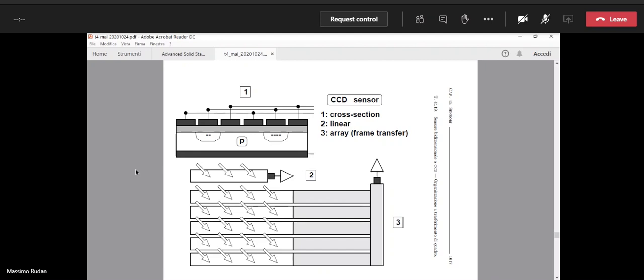Okay, so we simply alternate the potential wells that are open or closed, and this automatically provides an interlaced format to the signal. So the interlaced format is obtained simply by changing the control of the clocks from one integration time to the next.